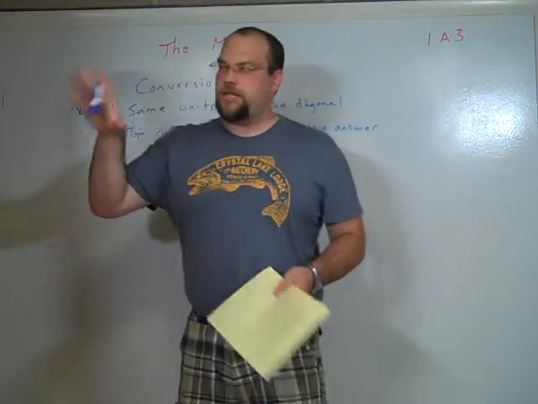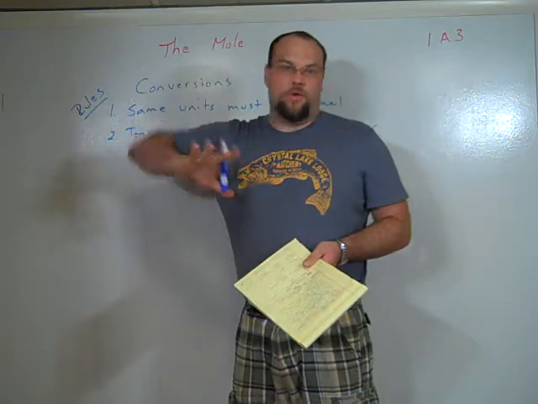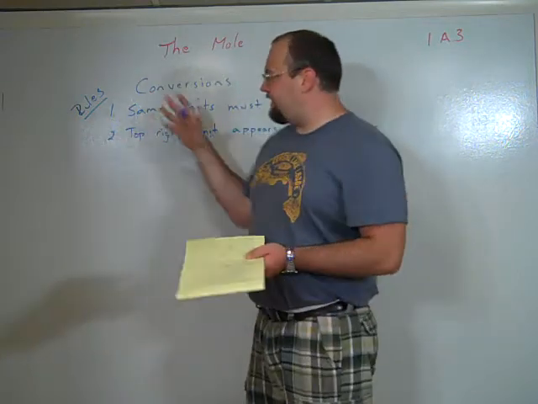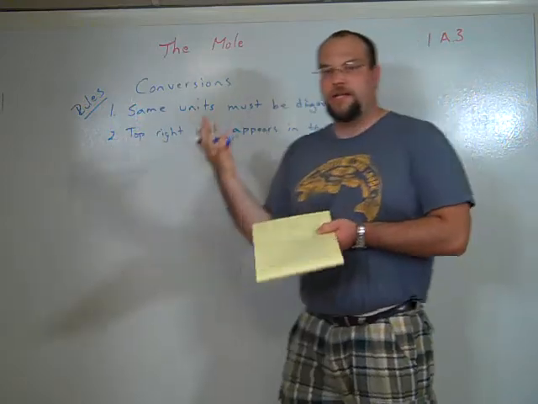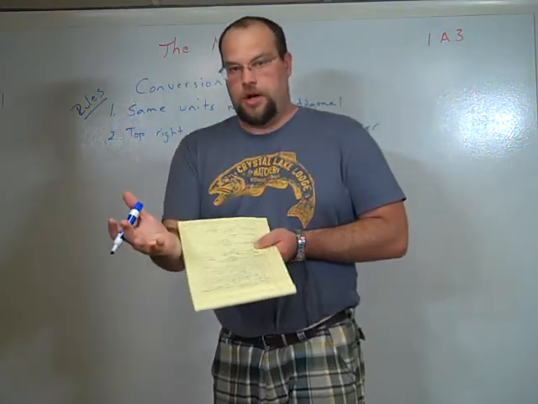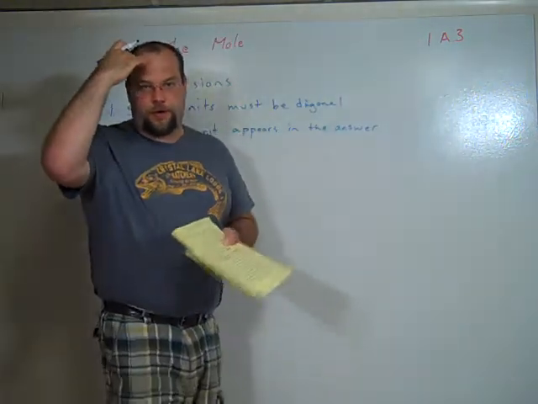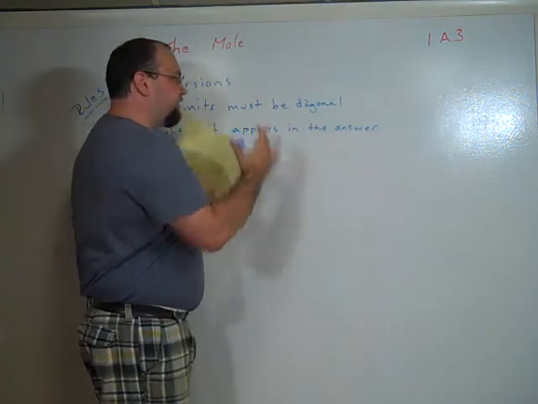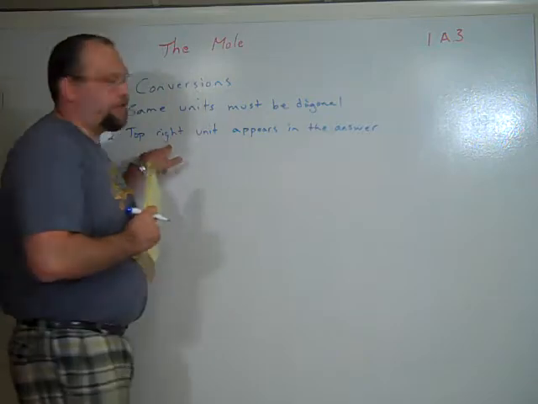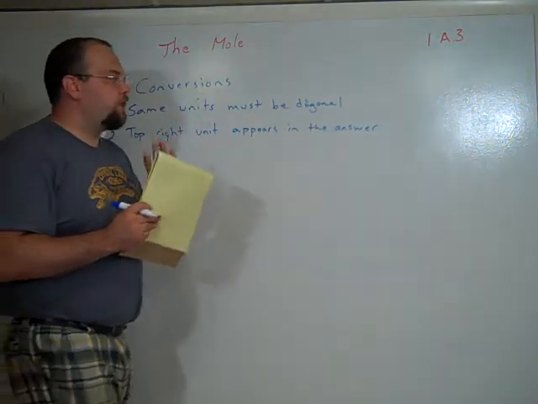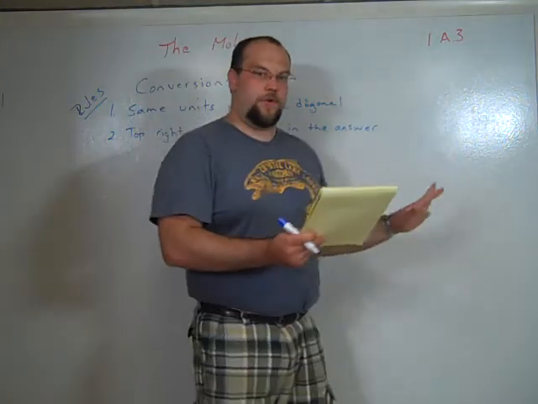So if our top right unit is not the unit we want, we're not done. We have to keep going with our conversion until we have the unit we want to appear in our answer. If we know the unit we're looking for, we just start tossing stuff together until the unit we're looking for is on the top right. There is no generic equation for this.